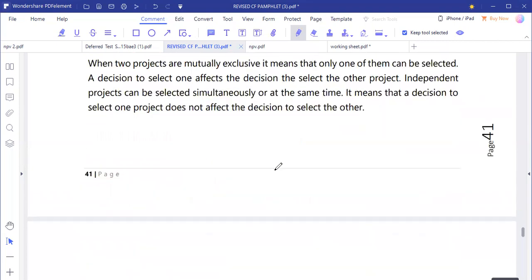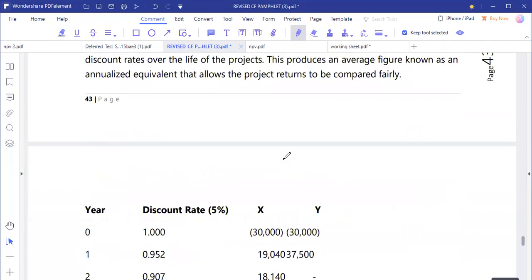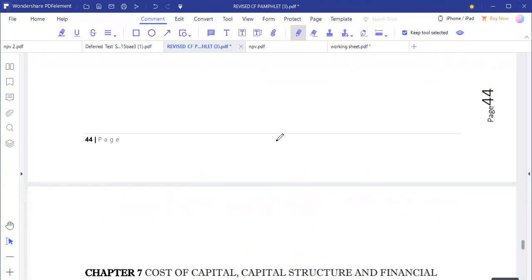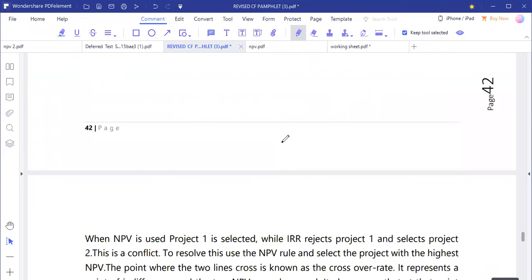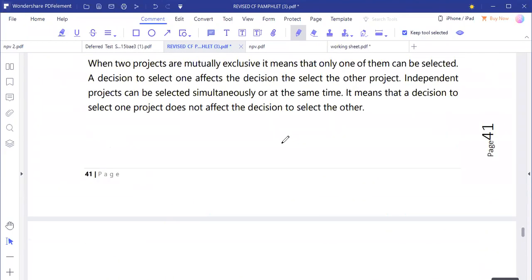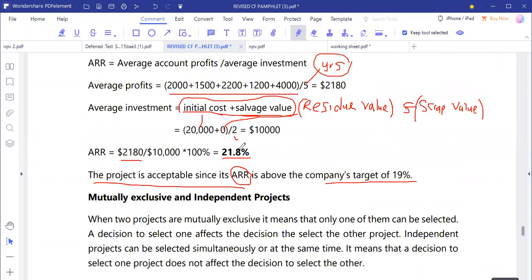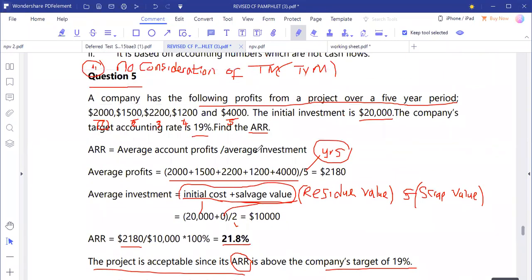All right, so now we are getting down to the actual formula. So now here we are saying the 21.8 is above the target. The company's target accounting rate is 19%.